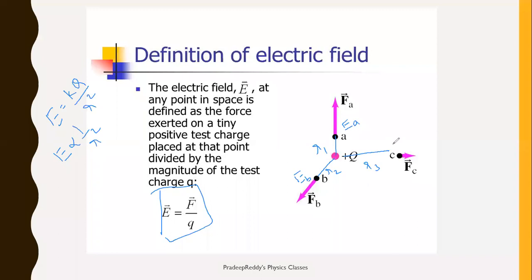Field at this position is EC. Now, clearly R1 is less than R2 is less than R3. E is inversely proportional to R square. Therefore, EA is greater than EB is greater than EC. As you are moving away from the positive charge plus Q, the field magnitude goes on decreasing.